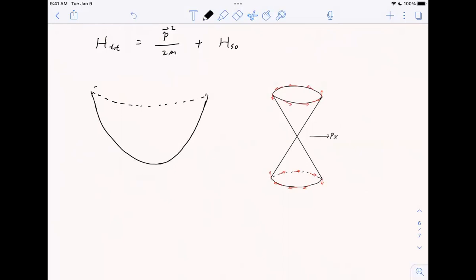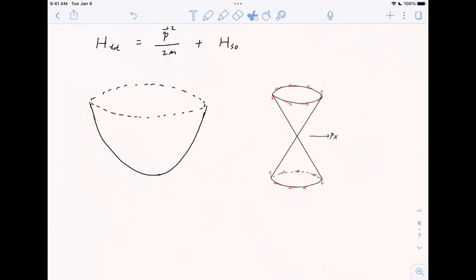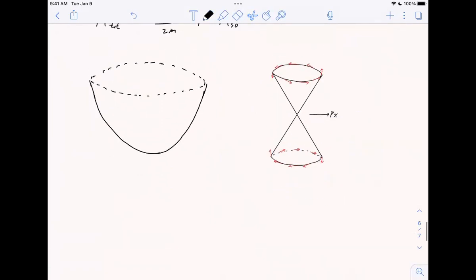This is just the kinetic energy. Okay. Then you sum them together. So you see here, this is split. If you sum over it, you will get something like this.